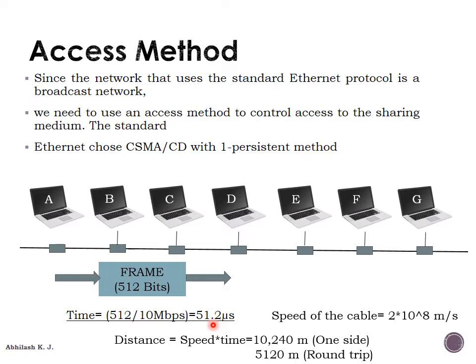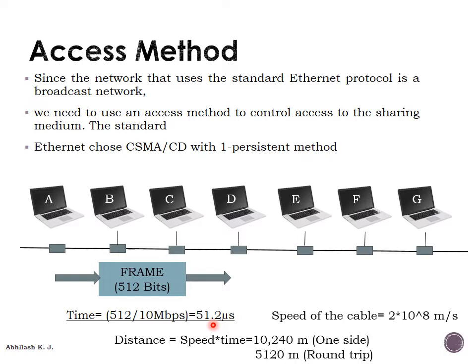We have calculated the distance as time multiplied by the speed. In case of a single side, for the first bit, it will travel a distance of 10,240 meters one side or 5,120 meters in the round trip, that is from sender to receiver and from receiver to sender.